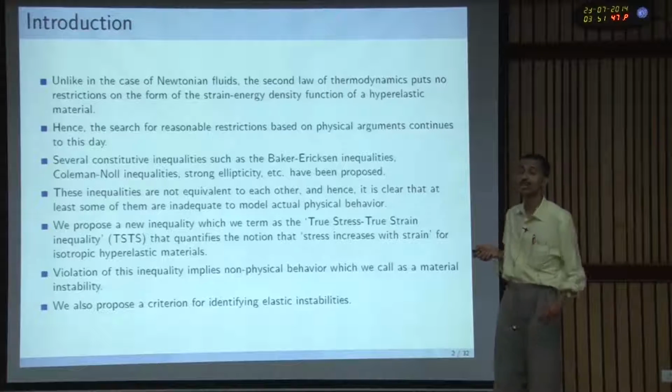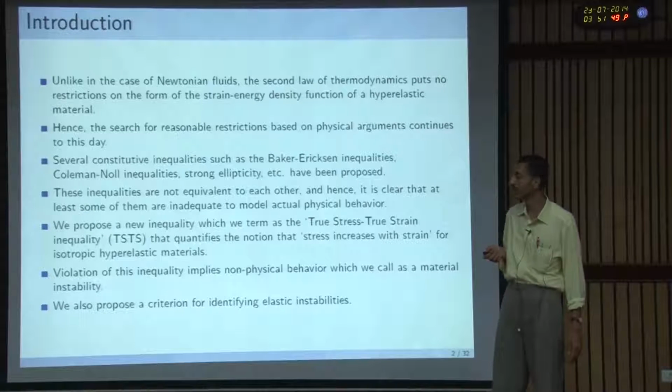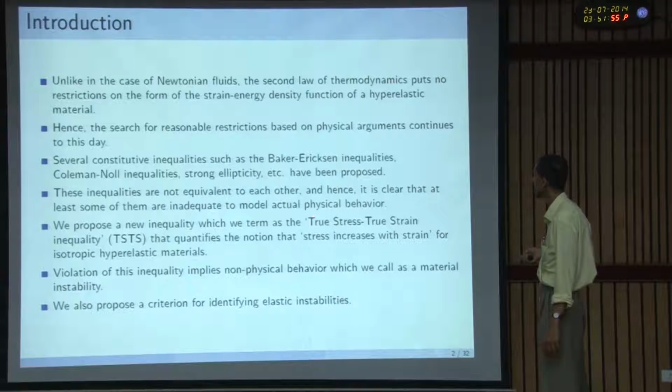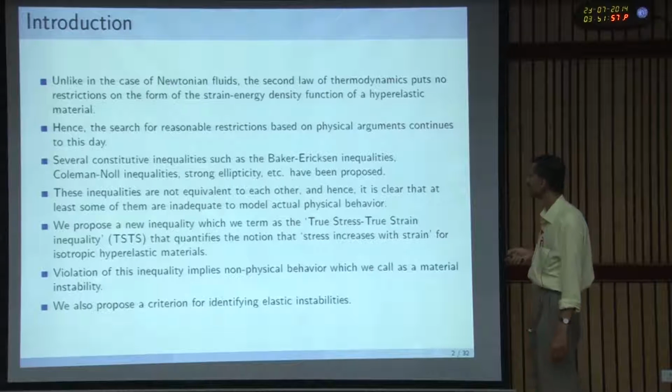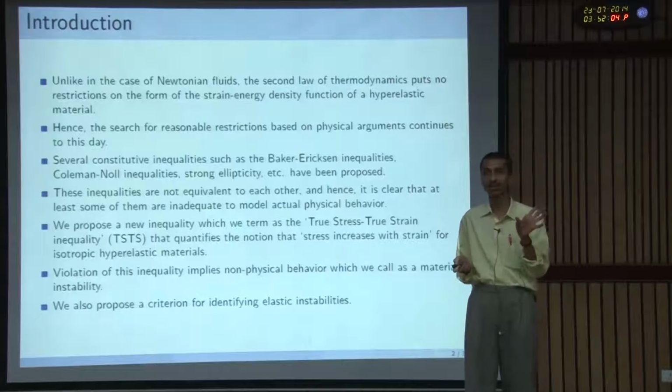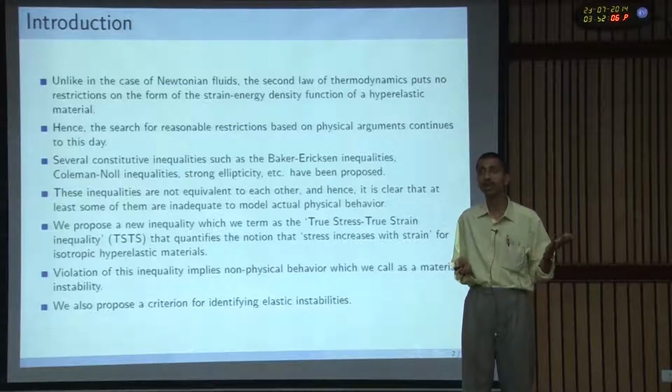So what is this actual physical behavior that we are trying to model? That is encapsulated in this statement here: we want the stress to increase with strain. Now this is a verbal statement, and you want to convert that to some kind of mathematical representation.